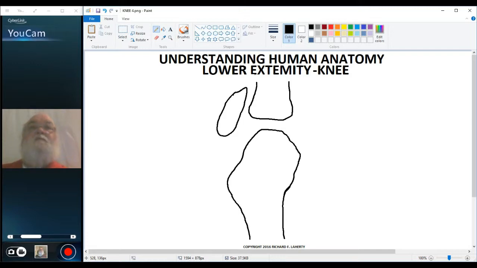the kneecap. Again, we'll color the kneecap in a slightly different color. And we'll add the quadriceps tendon. Again, it will be cut.